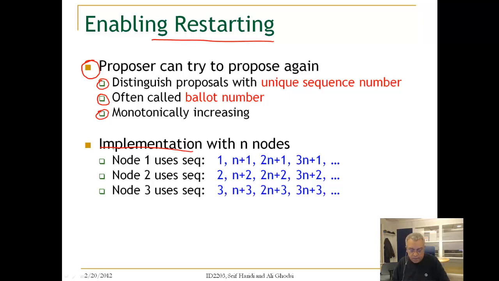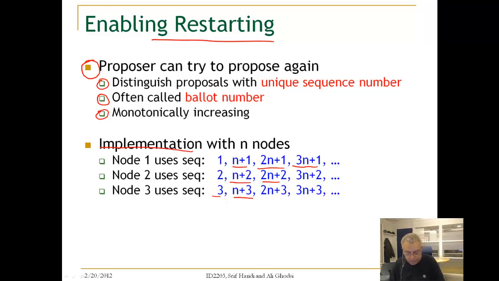Node 1 uses ballot numbers 1, n plus 1, 2n plus 1, 3n plus 1, where n is the number of nodes in our system. Node 2 uses 2, n plus 2, etc. And node 3 uses 3, n plus 3, etc. This is one possible implementation with unique ballot numbers.